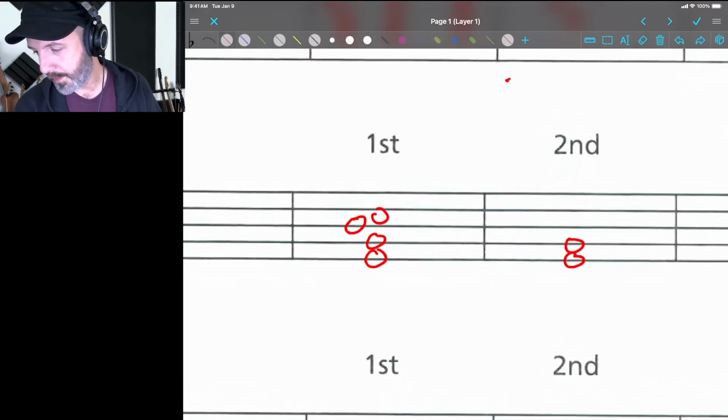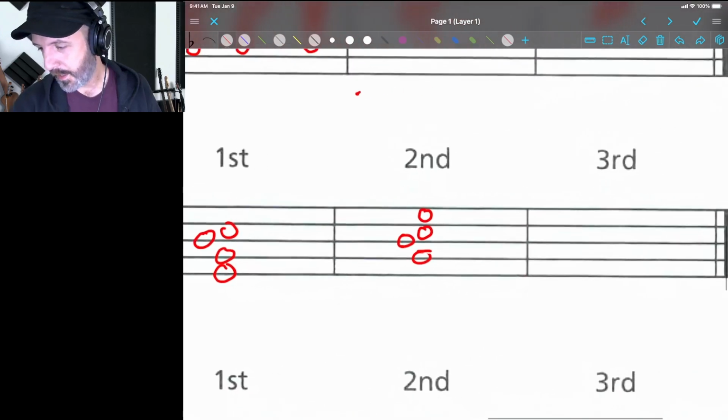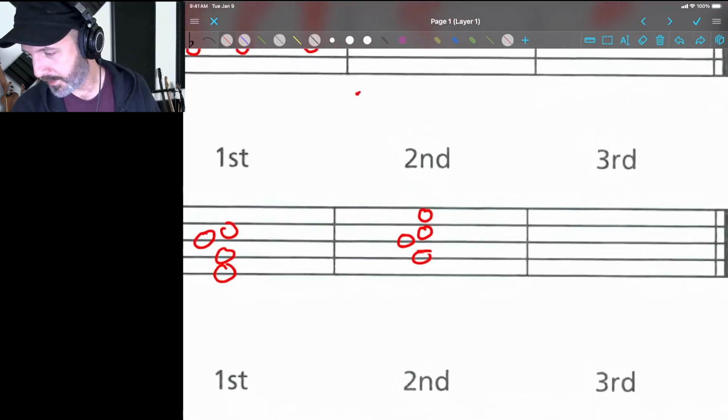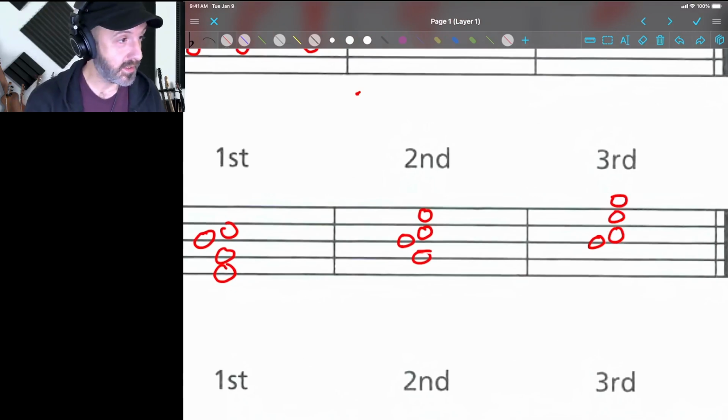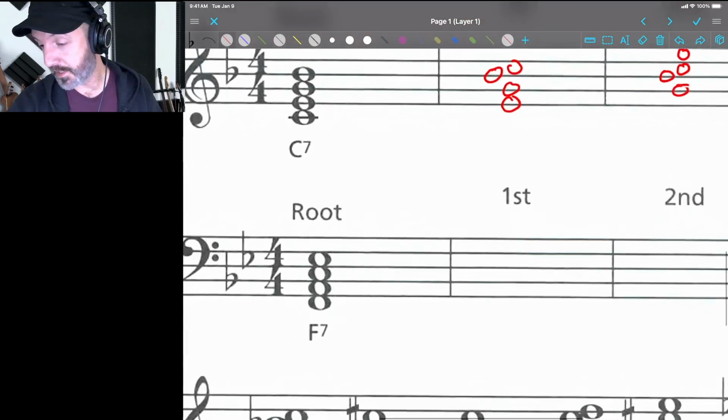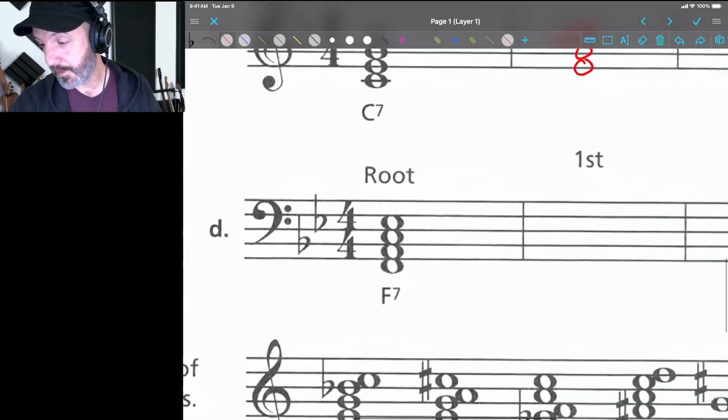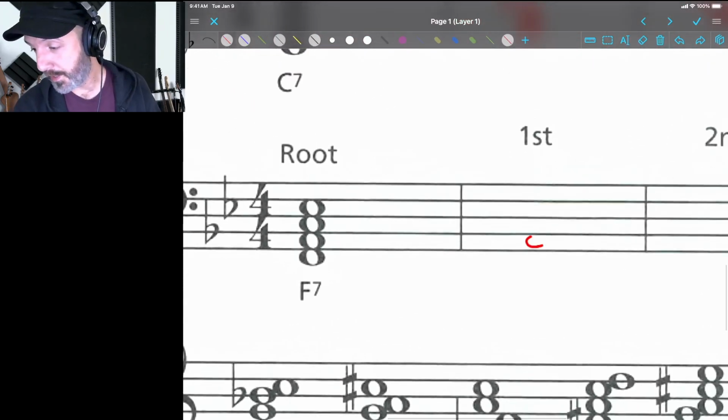Oh, what am I doing here? That's why you always want to do theory in pencil. I understand if you only have a pen, but it's a real drag, because I have a master's degree in this stuff, and you see how many mistakes I'm making. So don't be a hero, don't be afraid to use pencil.